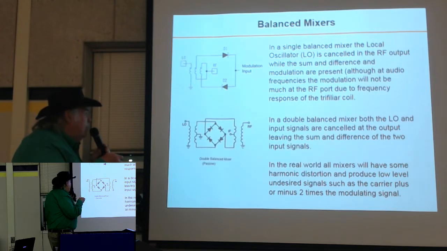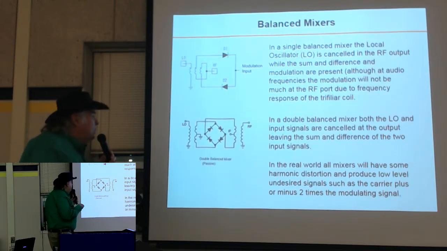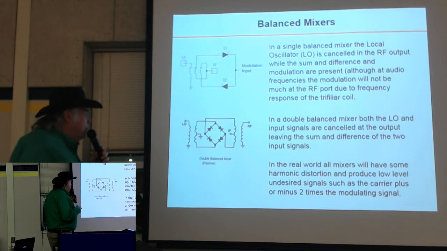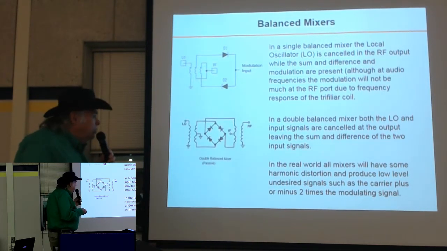And in theory, what we have coming out of this one is the modulation input plus the sum and difference frequencies, an ideal mixer. Then we have double balanced mixers, which are much more common these days. And basically, they suppress both of the input signals and only provide an output which is the sum and difference of the two inputs. In the real world, okay, there's always harmonic distortion.